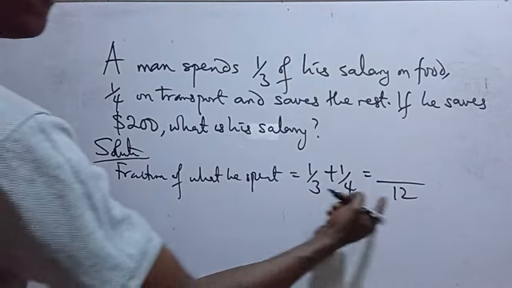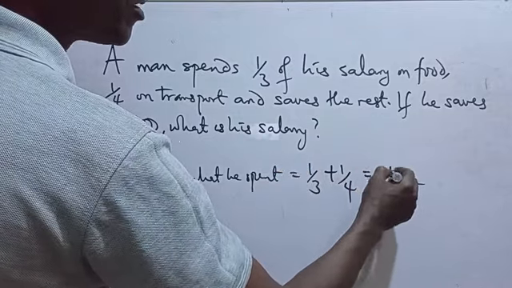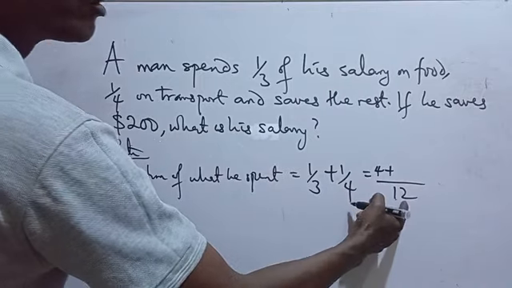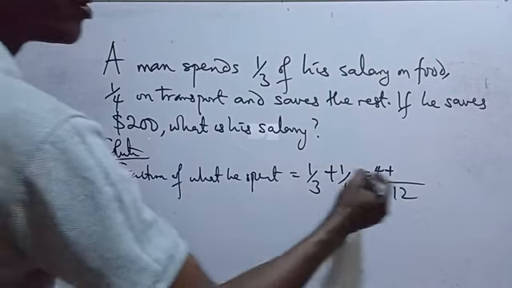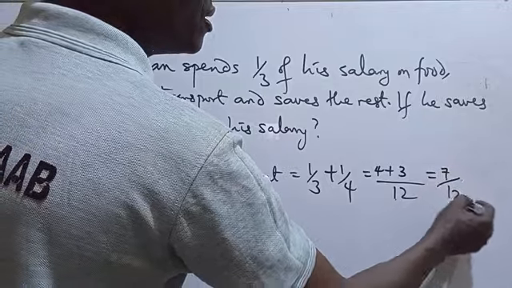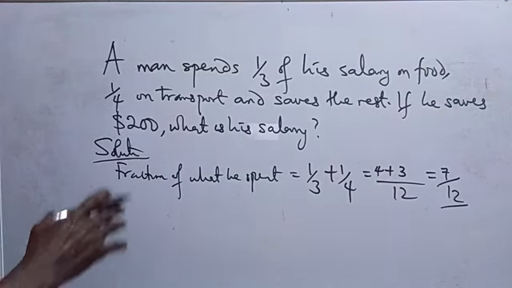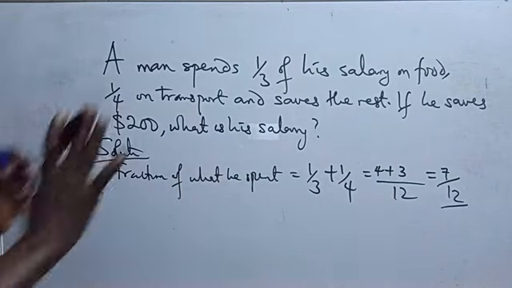So 12 divided by 3 is 4, 4 times 1 is 4, plus 12 divided by 4 is 3, 3 times 1 is 3. So 4 plus 3 is 7 all over 12. So the fraction of the amount spent on food and transport is 7/12, as we can see here.